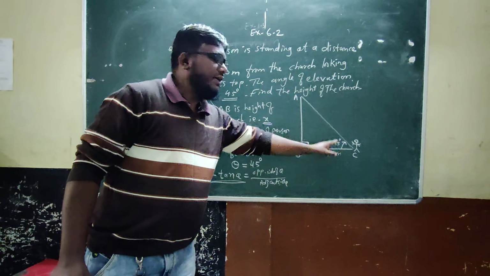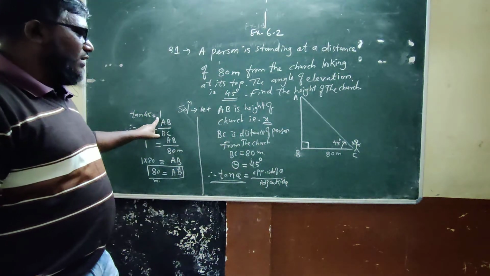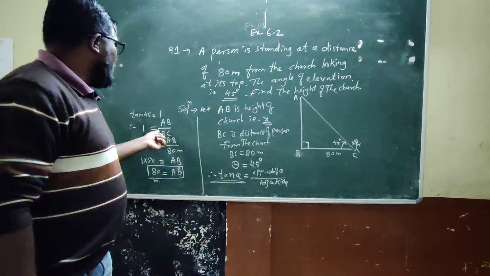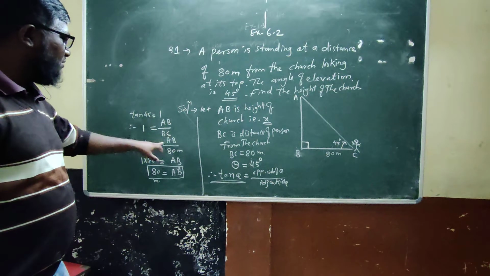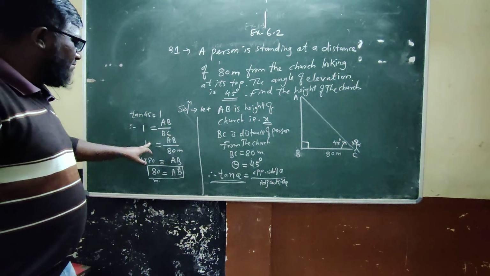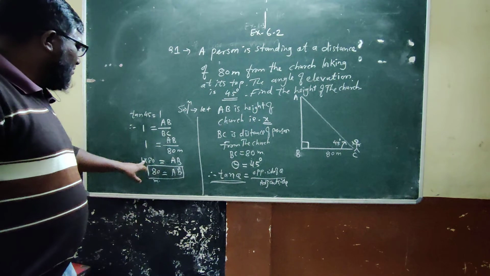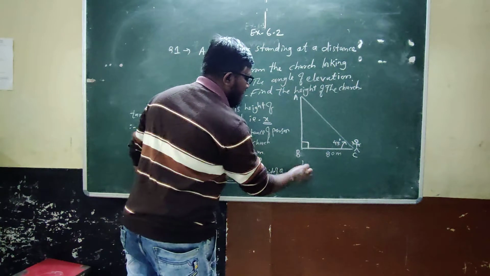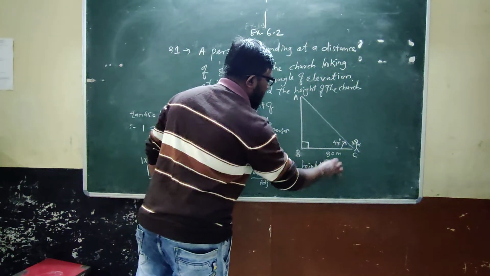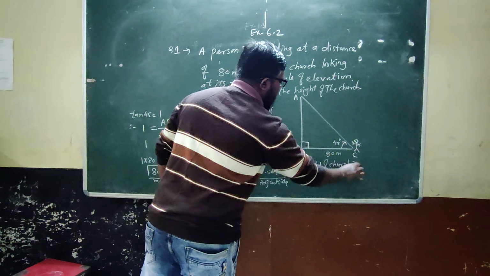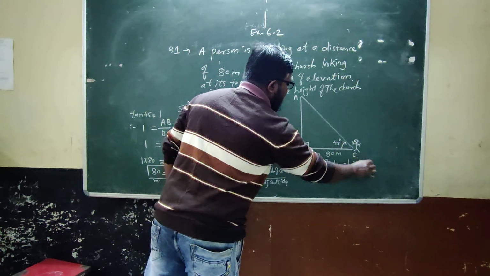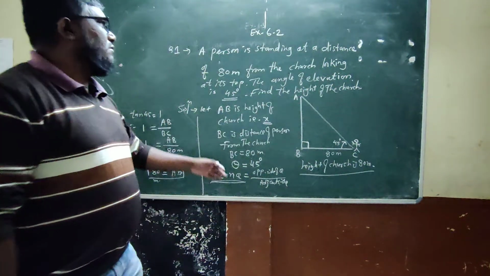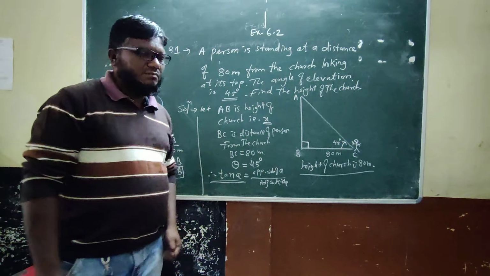Theta is given as 45 degrees, tan 45 is equal to 1, and the distance BC is given. Among these three values, two values are known, so the third value we can find out, and therefore AB is 80 meters. So the height of the church is 80 meters. This is the answer. Hope you understand, and we'll solve the second example.